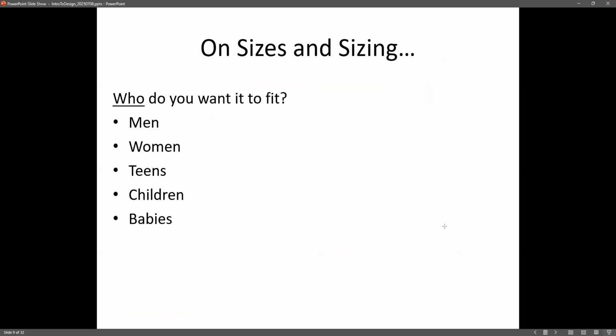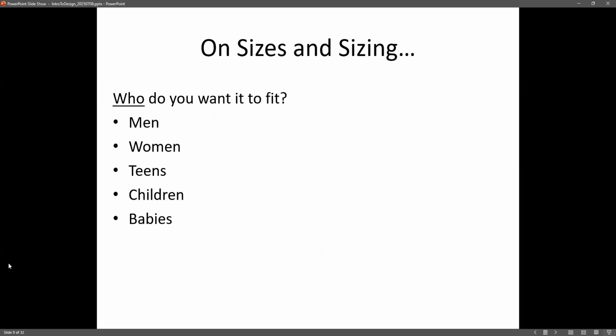When we're thinking about sizing, we've got two decisions to make. Decision number one is who is the thing for? Again, with a hat, children, babies, teens, men, women, a wide range of sizes. Who am I aiming it for? No wrong answer here, right? It's just your decision. Okay.